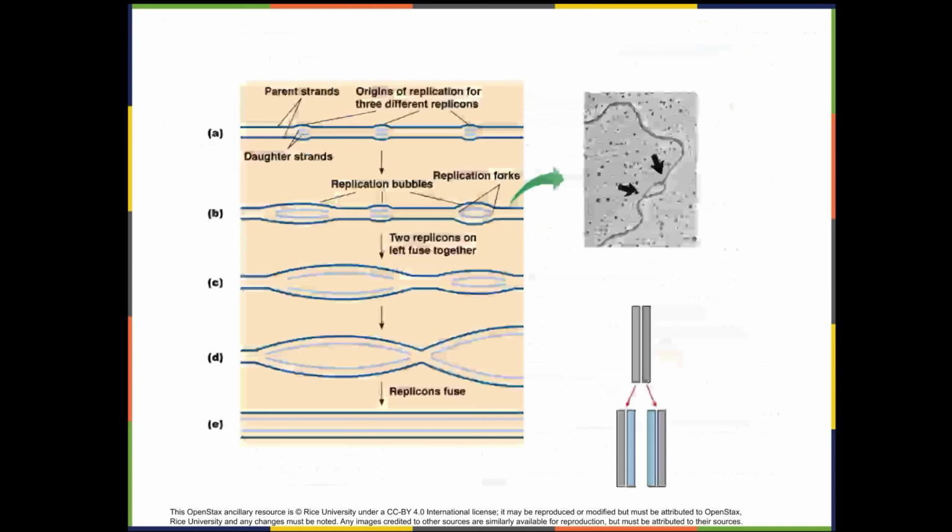Here you can see the entire process in summary. On the top, starting from A, we can see that there are several points of replication. In this case, there are 3 different replication bubbles forming. At B, we can see that those replication bubbles have grown as more information has been copied. Within the replication bubbles, there are replication forks at each side. The replication fork is just the point that the genetic information has been separated.